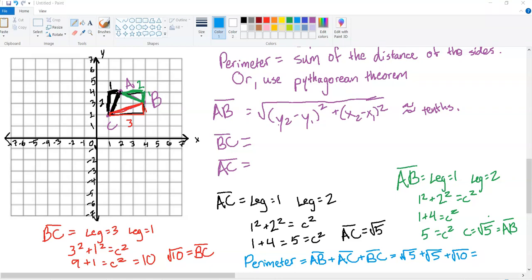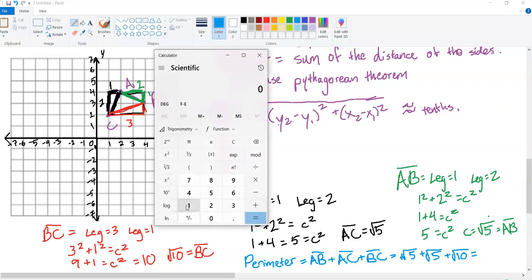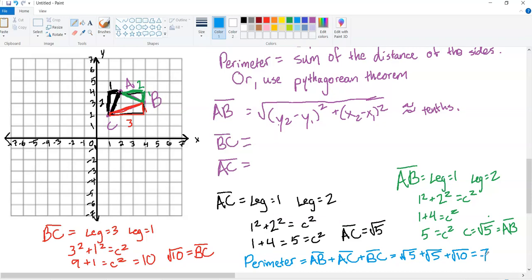I'm going to go ahead and use a calculator for this last step. So 5 square rooted plus 5 square rooted plus 10 square rooted equals 7.63 and a bunch of extra digits. So my perimeter, rounded to the 10th, is 7.6 units.